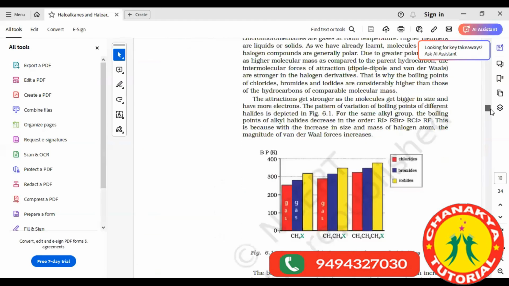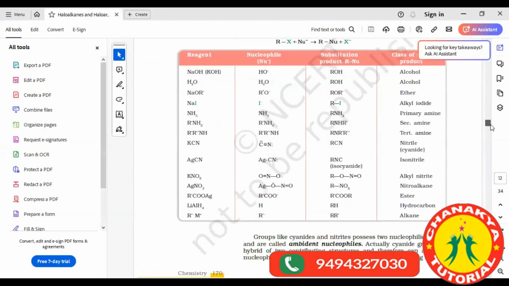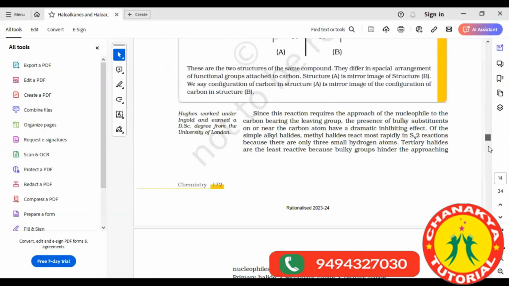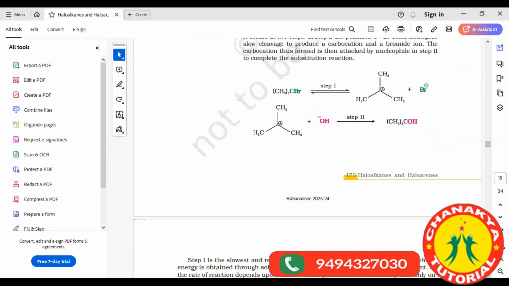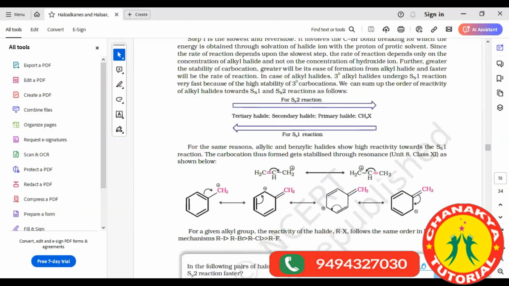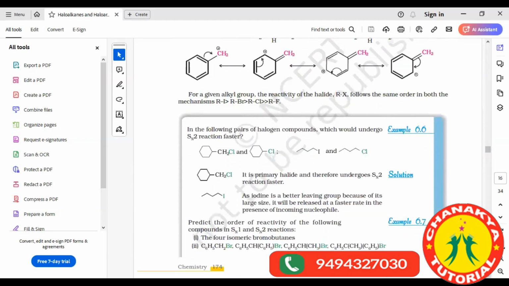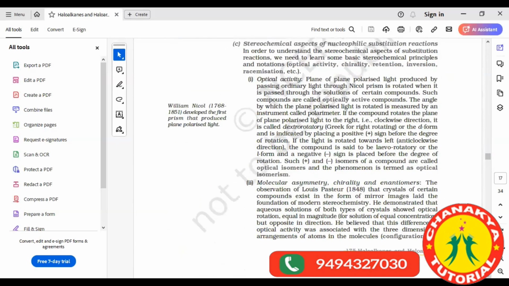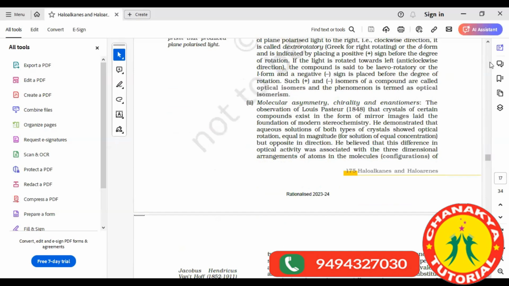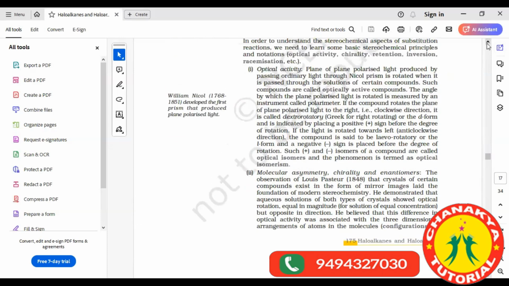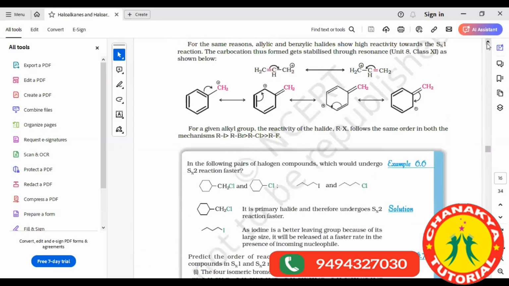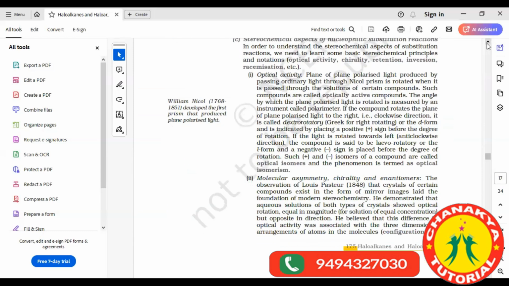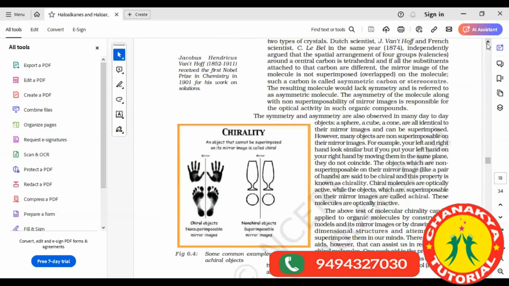So we have already learned, right? Here it is given.